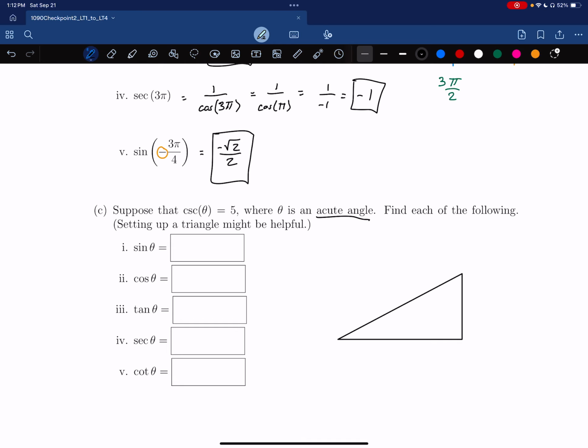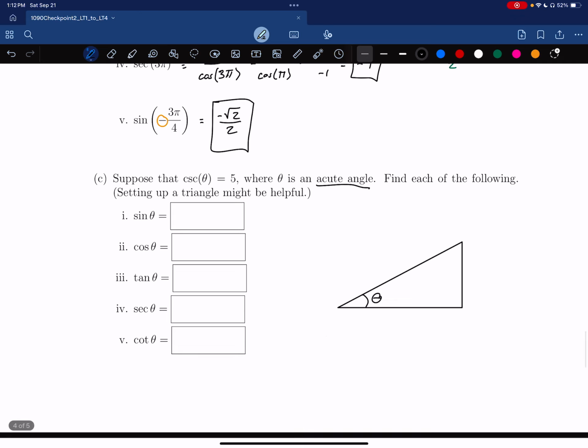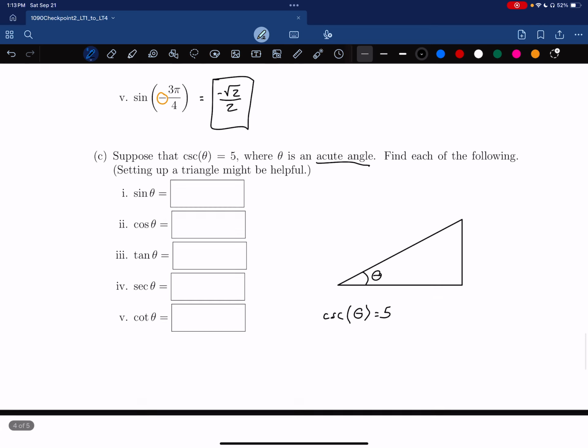Okay. So theta is going to be less than 90 degrees. Let's just say theta is right here. And we know that cosecant of theta is equal to 5. And cosecant is the same as 1 over the sine of theta.